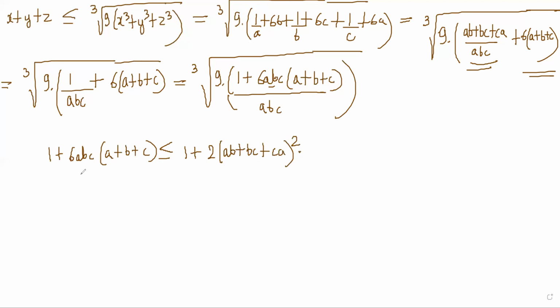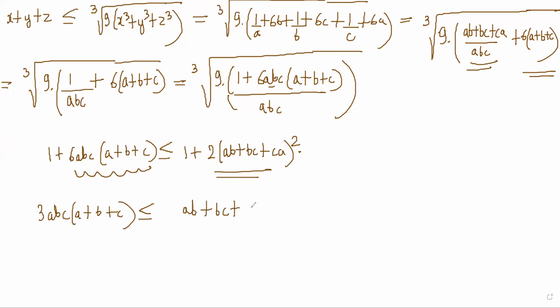Why? What I'm saying really is that 6abc(a plus b plus c) is less than or equal to this. How do I know that? Because 3 times abc(a plus b plus c) is less than or equal to (ab plus bc plus ca) whole square. How do I prove that?